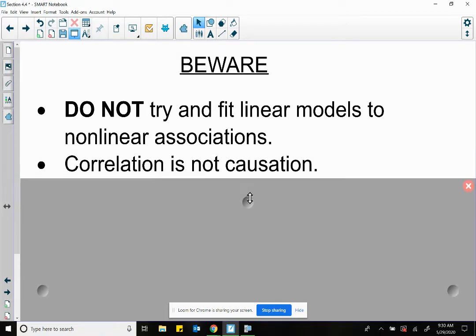Again, correlation is not causation. Even if there is a strong correlation coefficient, even if it is dead on, -1 or +1, just because there's a correlation does not mean causation. We've been stressing that for a while now.